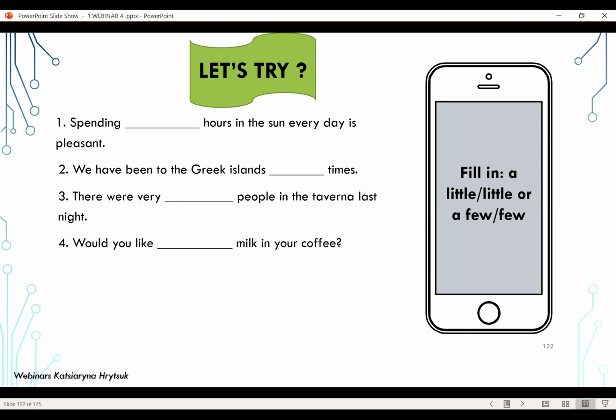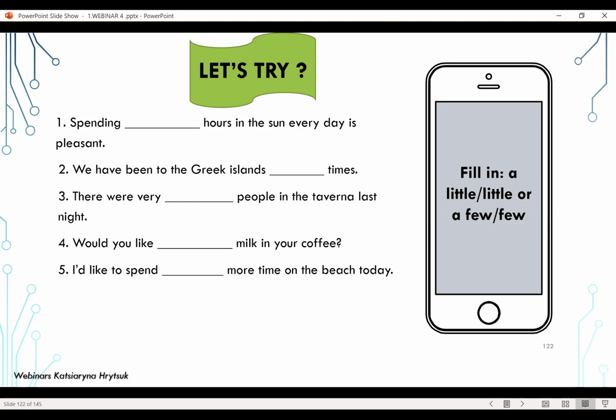Would you like a little milk in your coffee? Very good. So milk is uncountable, positive. Would you like, you actually propose or offer something to someone? So a little milk. Emilia? I like to spend few.